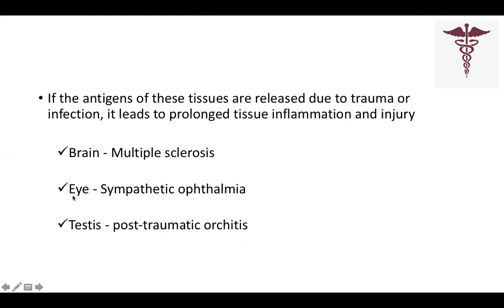That is because when the first eye got injured, some antigens which were never exposed to the immune system got exposed. Now the immune system has cells to mount a response and has memory cells, and it mounts an immune response against the second eye, which is absolutely normal. One mechanism of multiple sclerosis could also be through this, but that's not the only way multiple sclerosis develops.